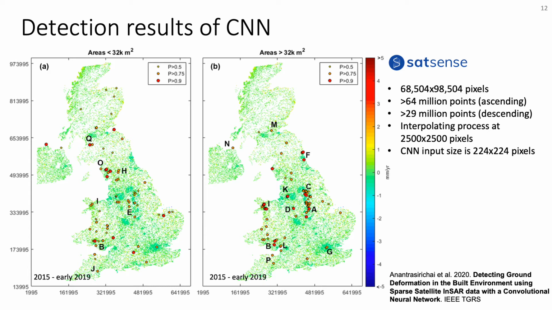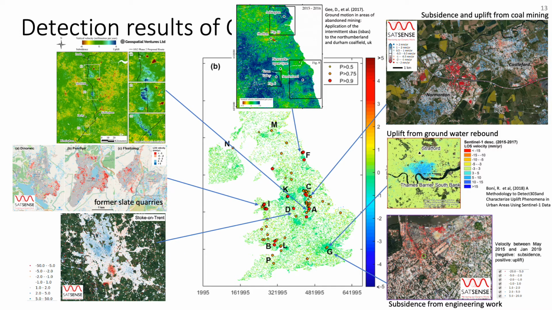The figure shows the center of locations where the CNN detects deformation. Results here show coal mining regions in areas A to F: A in the Midlands up toward Leeds, B in South Wales, C in Northern Castleford, D in Stoke-on-Trent, E in North West Leicester, and F in Northumberland and Durham.